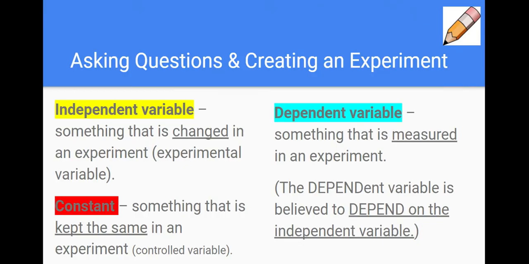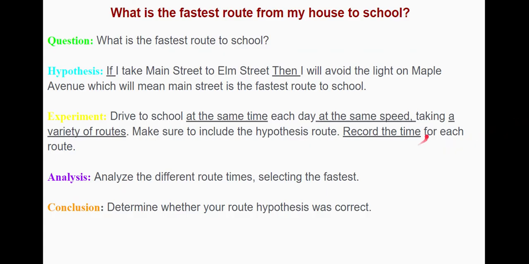So I could take Elm Street, I could take Maple Street, I could take whatever other street there is. The dependent variable is something that is measured in an experiment. So in our last example, we recorded the times. So recording the time is my dependent variable.